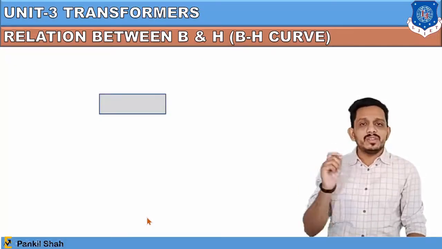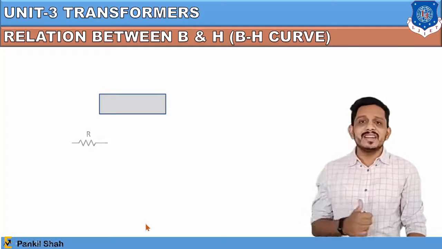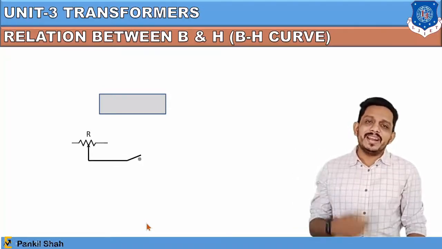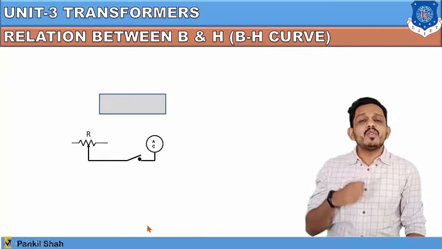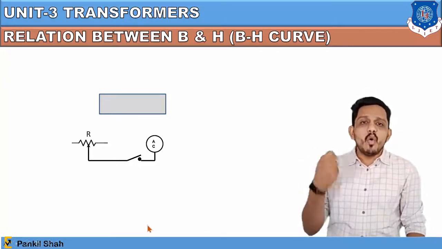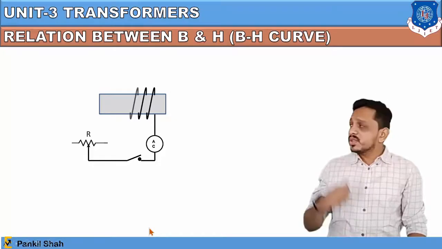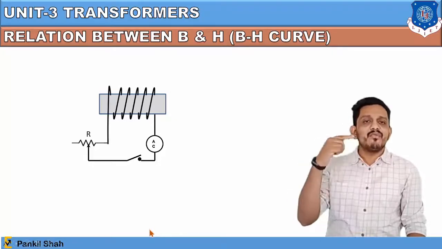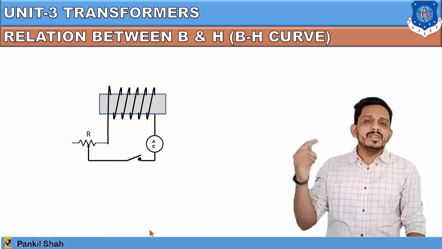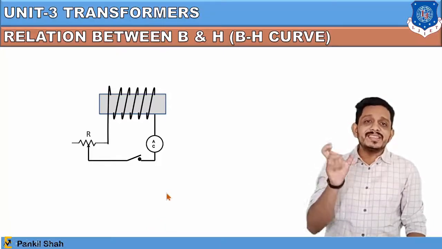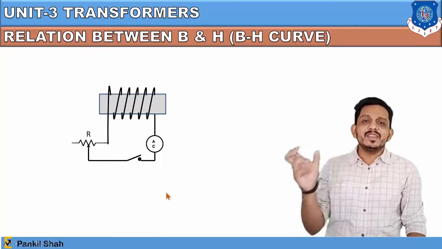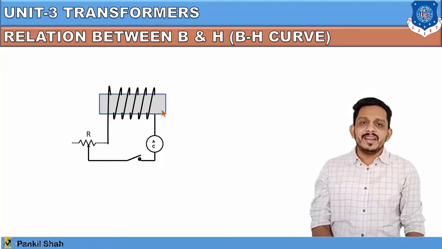To draw the B versus H diagram, consider this as a magnetic material. With this magnetic material, we have wound one coil over it. You can see in this diagram, we have wound some coil on this magnetic material, and this winding is given to some AC source of energy. You can see here, the terminals of this winding are connected to the AC source.